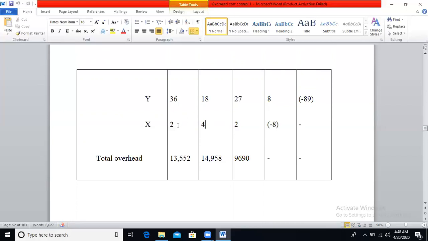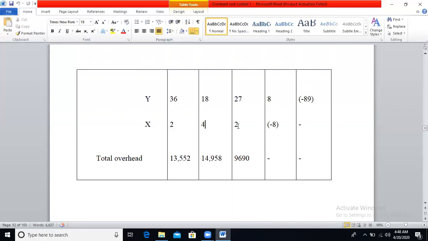So for department A at 25% we got 2, and for department C at 25% we got 2, and the remaining value: 2 plus 2 is 4, 8 minus 4 will be 4. So that value should be adjusted for department B. If you got a single value, for the next step only, adjust that value for all the production departments.